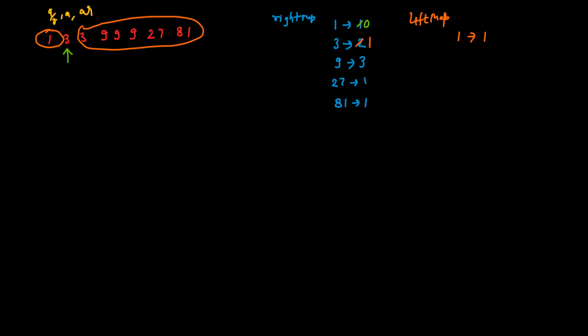Why am I doing this, guys? Because whenever I'm processing any element, it will always be easy for me to look into the left map. If I'm looking into the left map, it will always have a lesser index than a. And if I'm looking at the right map, it will always have a greater index than a.